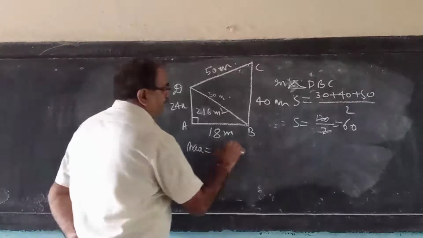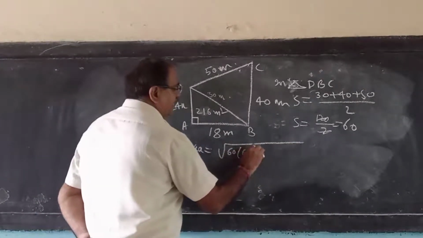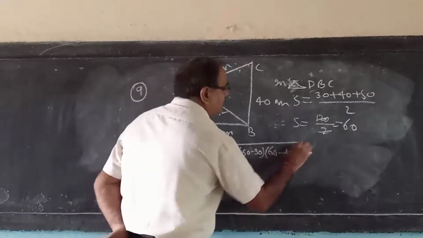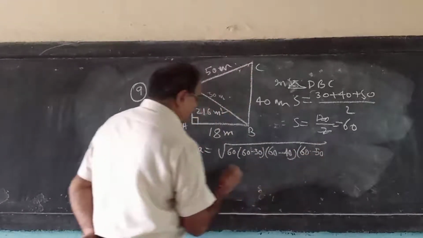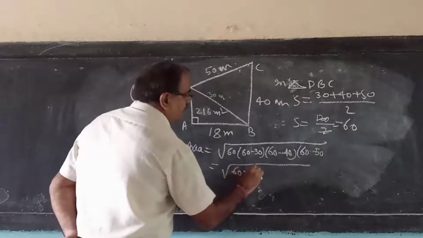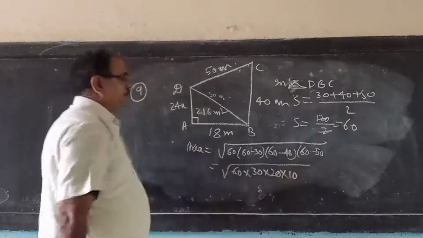Area is equal to root over S into S minus a, S minus b, S minus c, where S is 60: 60 minus 30, 60 minus 40, 60 minus 50. Right? So this is root over 60 into 30 into 20 into 10.